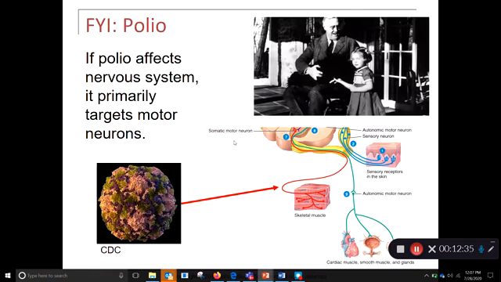Now here's an FYI to help really push things forward. Polio is a virus. It has a structure that looks maybe a little bit like COVID-19, but its target, rather than the respiratory system, is the motor neurons themselves. Franklin Delano Roosevelt, FDR, the president during the Great Depression, as well as the majority of World War II here in the United States of America, had polio as a kid.